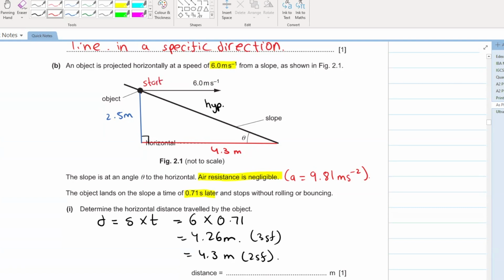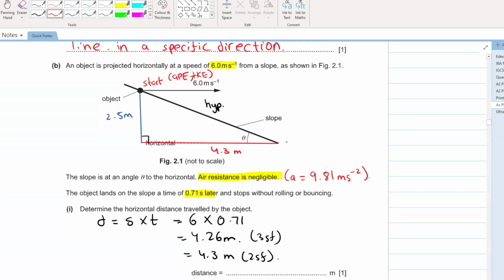At the starting point, your object has some amount of height, so it will have gravitational potential energy. And your object has some amount of velocity as well, so it will have some amount of kinetic energy as well. Perfect. At the starting point, you have both gravitational potential energy and kinetic energy.